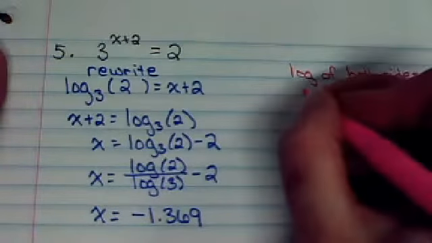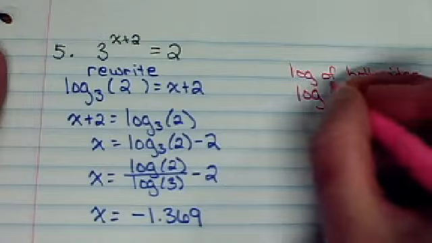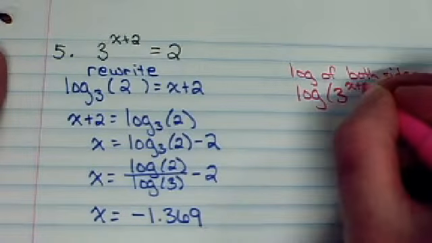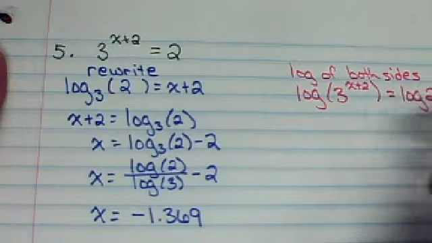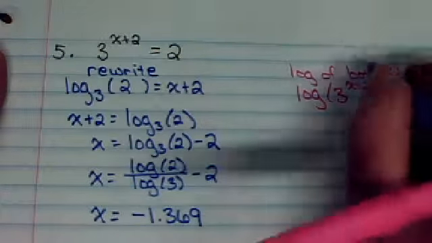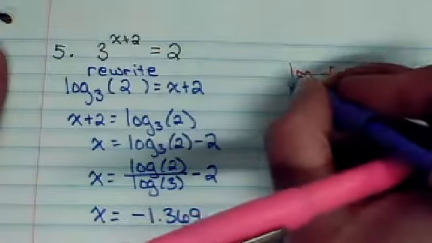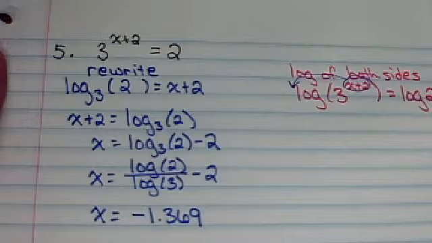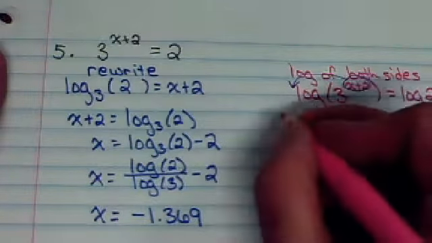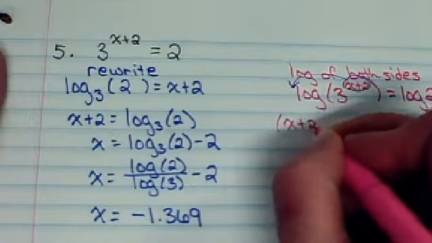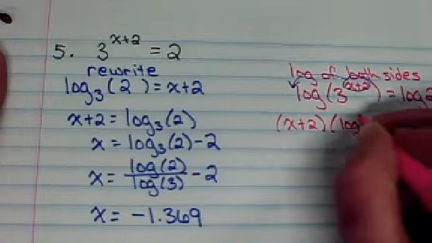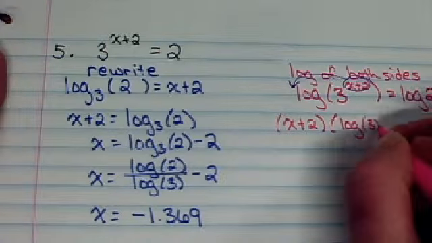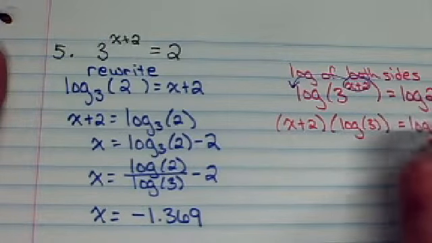So I would have the log of 3 to the x plus 2 equals the log of 2. Remember, exponents can come down in front of a logarithm. So I would have x plus 2 times the log of 3 equals the log of 2.